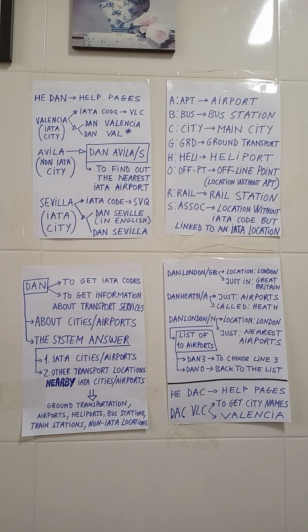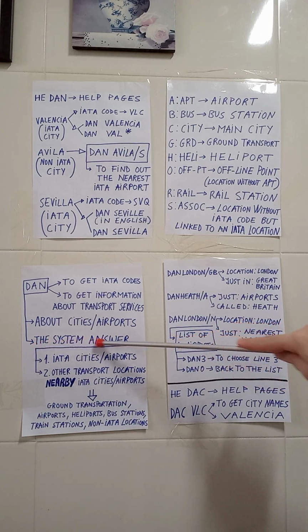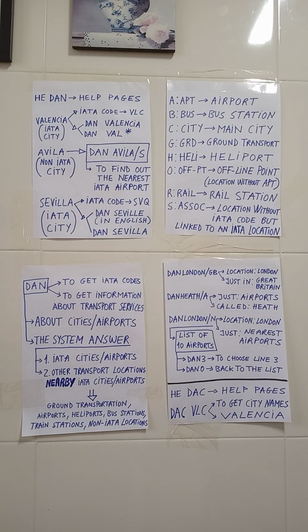Finally, I am going to comment on the answer that Amadeus offers us. Firstly, the system indicates the city and airport that is taken as a reference. This is the first part of the answer. And the second part, secondly, Amadeus gives us complementary information about the main city or airport.